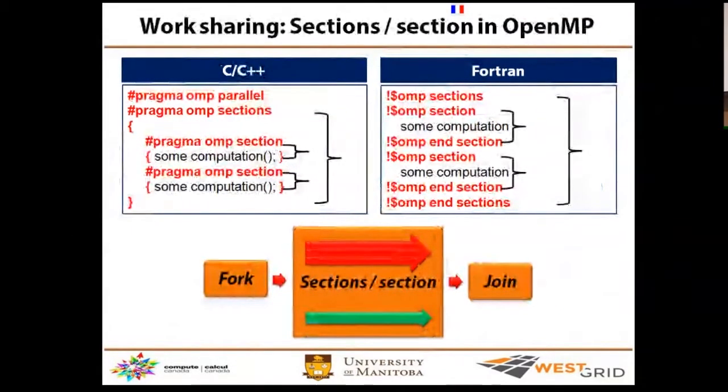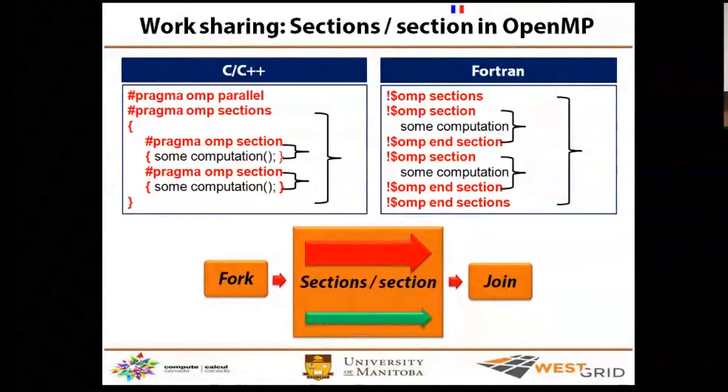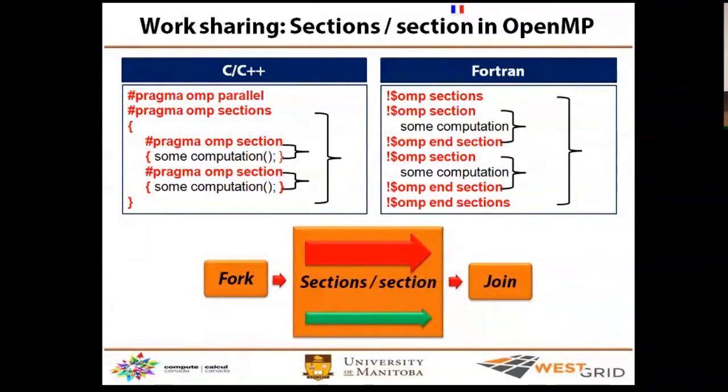In addition to loops, we can also use sections. Sections are useful when, in one portion of the code, you have different calculations which are independent. For example, if you are computing something as a function of x, y, and z direction, you can assign one section for each calculation, and especially if they are independent, you can create 3 sections.